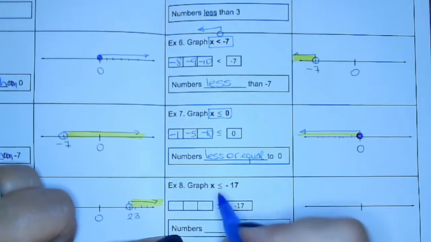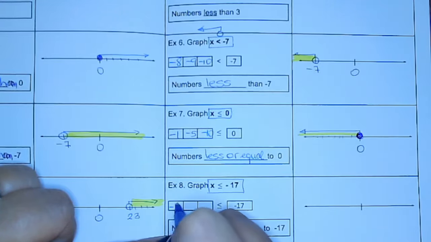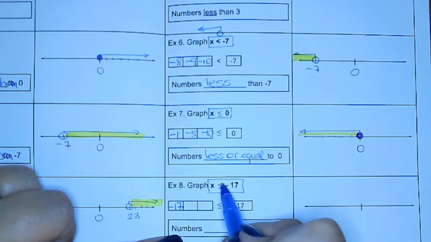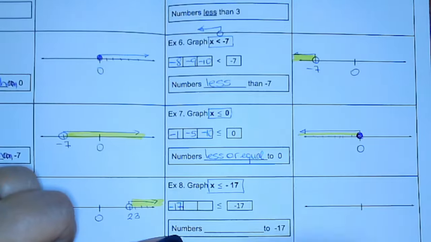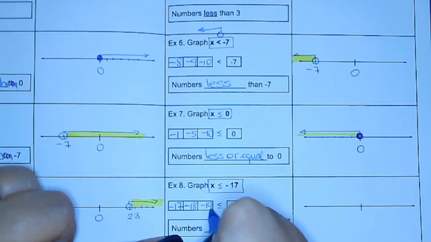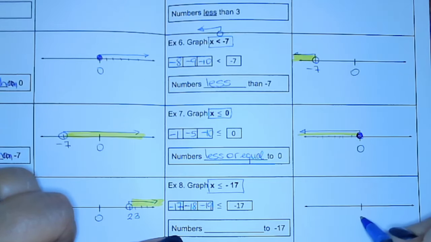To graph numbers less than or equal to -17 means -17 is a solution as well. We include that because it's equal, and then go left, further away to the left, -18, -19, to the left of -17, away from 0.